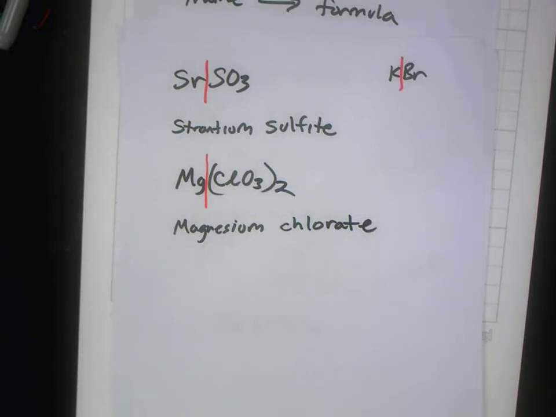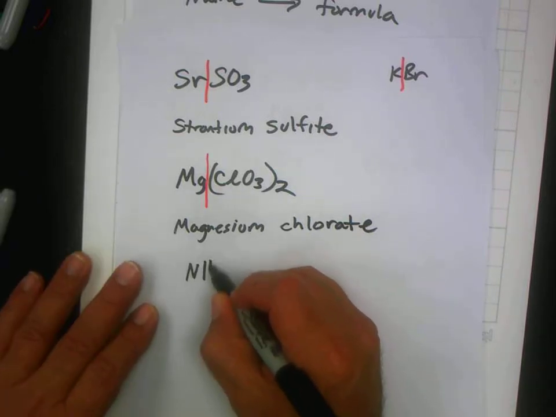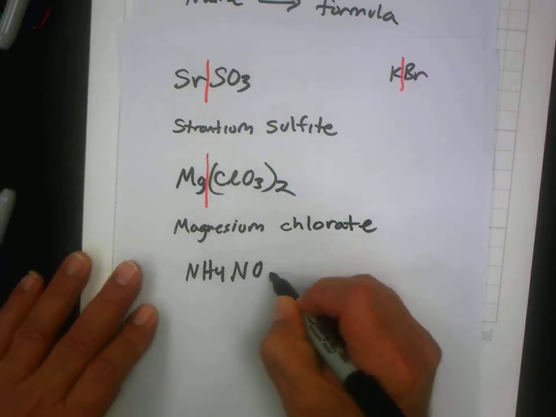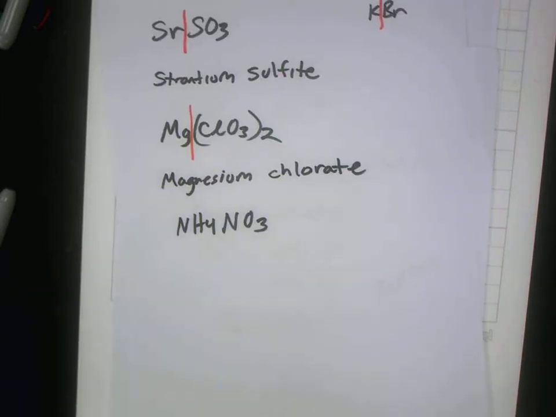All right, let me give you the one that always kind of throws people a little bit. NH4NO3. People look at that and go, the heck, how am I going to name that? Nitrogen, hydrogen, nitro trioxide.